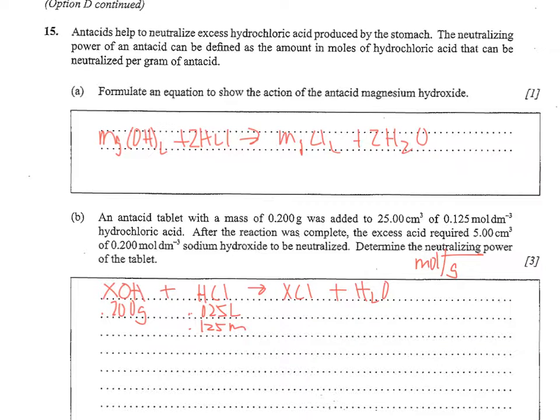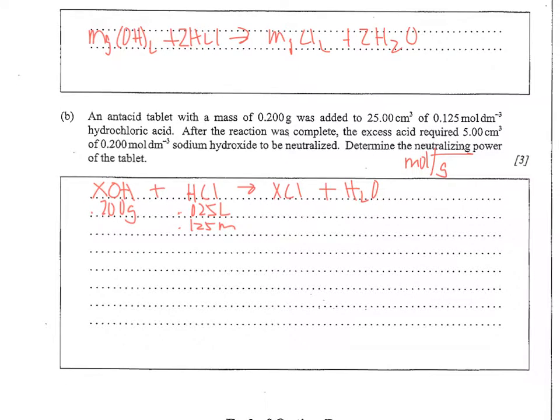So my first step is to find out how much HCl I actually started with, because I know how much I had left over, at least how much NaOH it took. So if I take the 0.025 liters of HCl times the 0.125 moles per liter for the concentration, that lets me know I have 0.003125 moles of HCl that I started with.